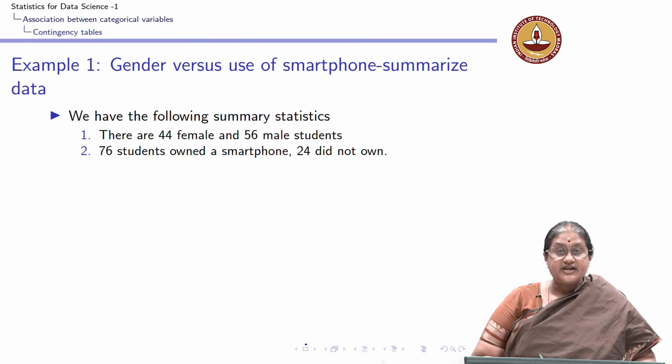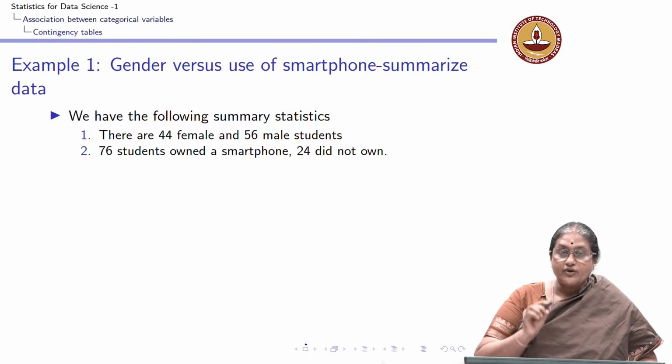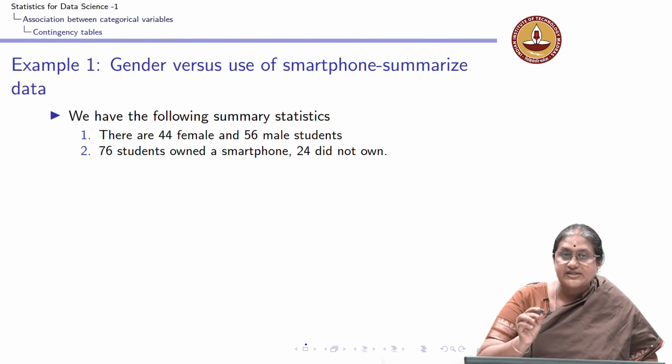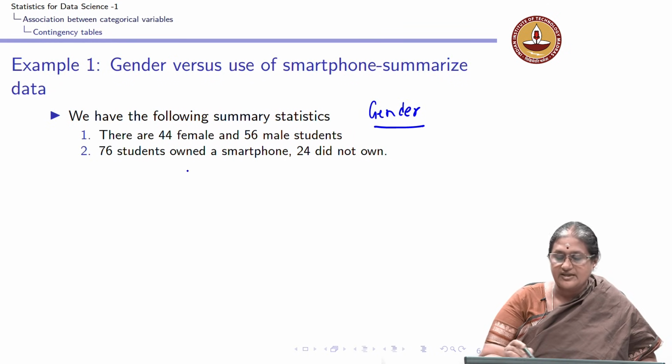Further, 76 students owned a smartphone and 24 did not own. So, what we discussed in the previous weeks was, first, if I look at gender as a categorical variable, how to summarize it. I know 44 female and 56 male.